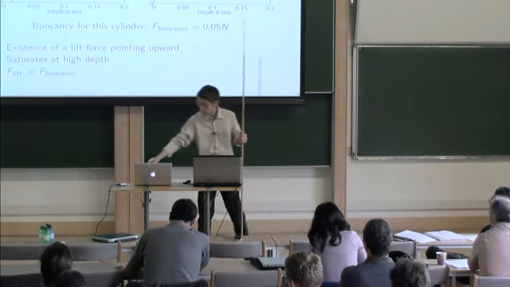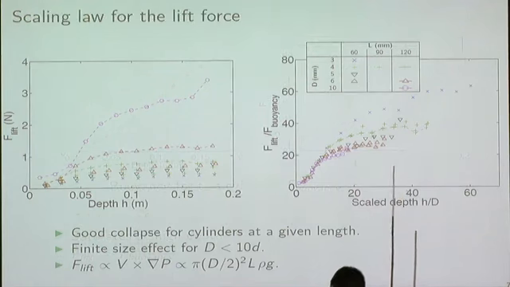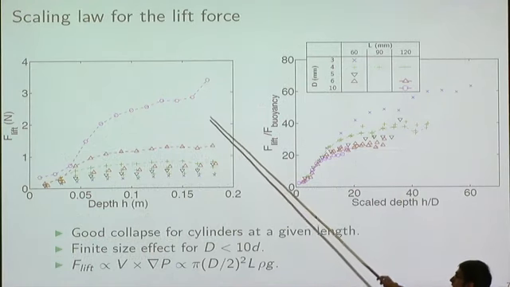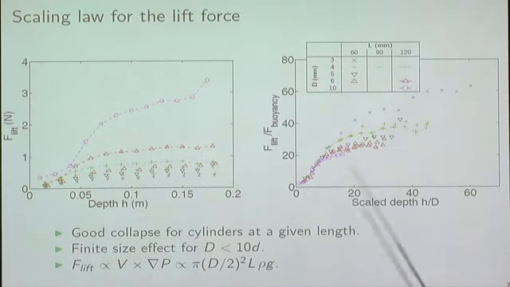So now, of course, we can do that for cylinders of different lengths and different diameters. And since the only source of asymmetry of our system is the pressure gradient when you are far enough from the free surface, we expect that the pressure gradient be the relevant scaling for our force. So the lift has to scale as the buoyancy of the object.